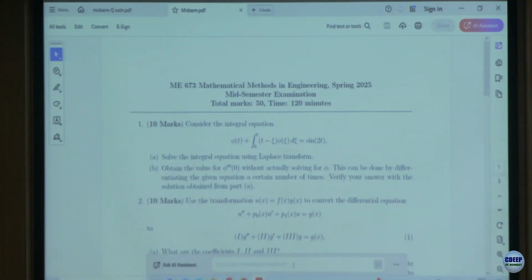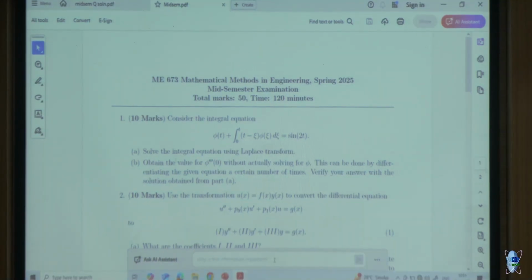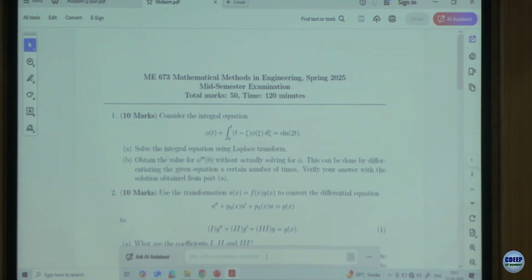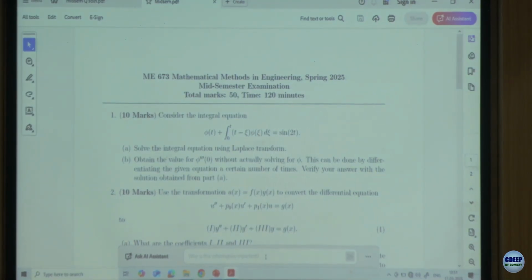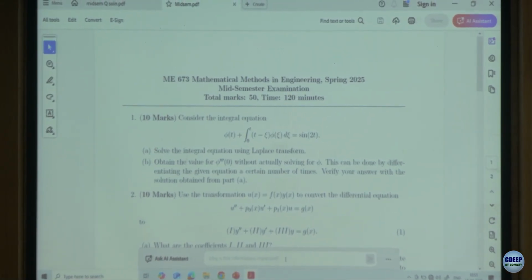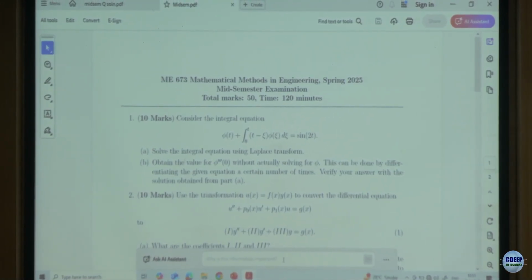So the first question was phi of t plus integral of this. This is straightforward in the sense that the integral itself is the definition of the convolution integral, and you were supposed to go ahead and solve this by using the Laplace transform method.